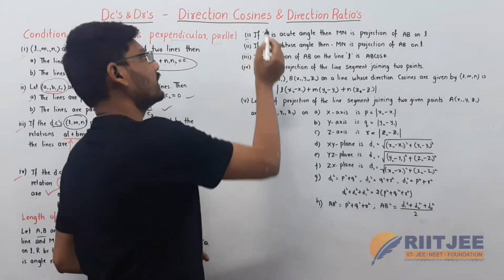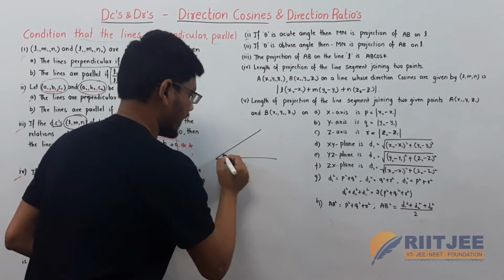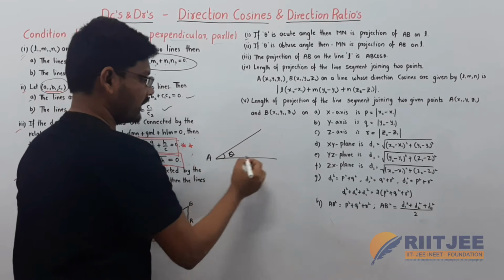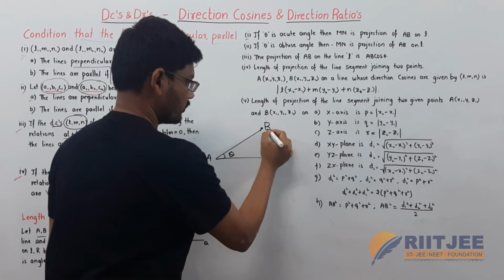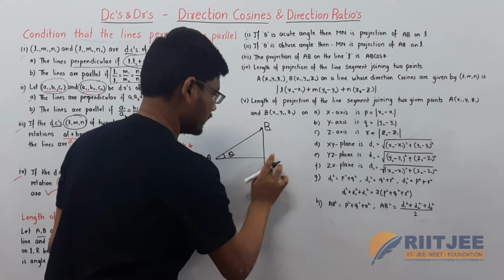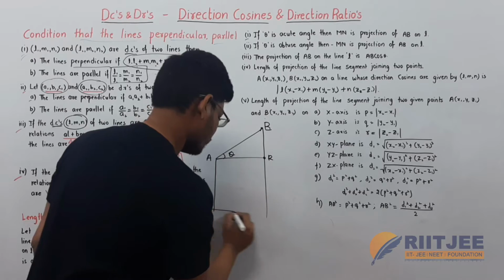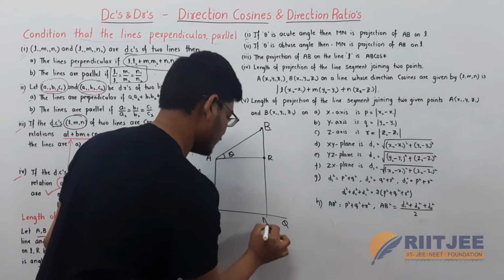The first one is if theta is an acute angle, here this is the angle theta. Now this is the point A and this is point B here. This is the point R and this is P and Q, this is M and this is N here.